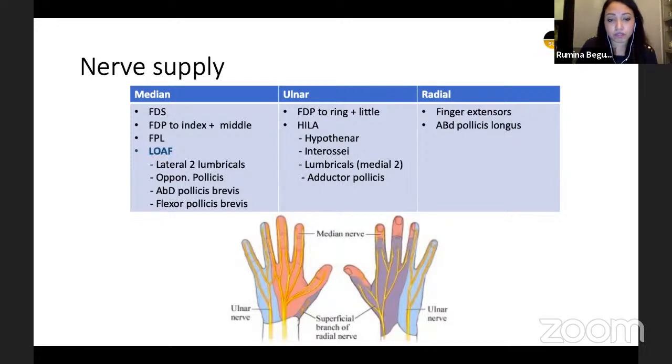Again, the ulnar nerve supplies the ulnar side of the little finger. For accurate testing clinically, I use the dorsal web space of the thumb for the radial nerve, the index volar side for the median nerve, and the little finger volar aspect for the ulnar nerve.